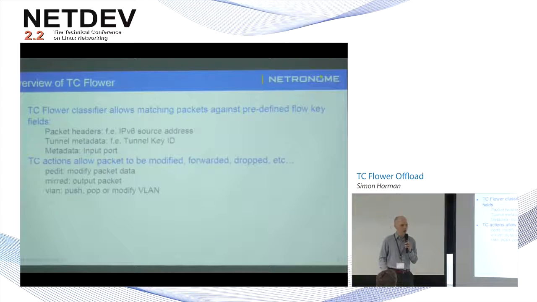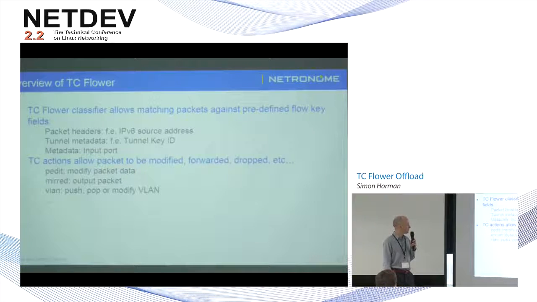Of course L2 fields, MAC addresses and so on, VLANs, MPLS, moving a little further up the stack, IP addresses, and even to a limited extent, L4 things like UDP and TCP ports. Also tunnel metadata, so the tunnel ID is I guess the most obvious example, but also things like the outer IP addresses and so on, you can match on them. And the input port, although this is not strictly necessary at this point because the rule's always attached to a port.